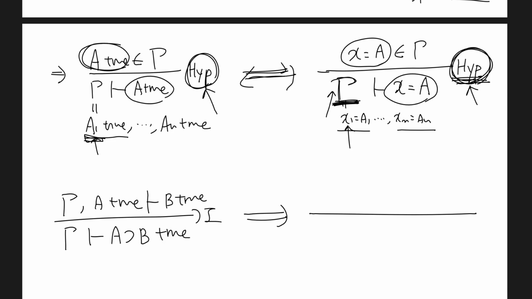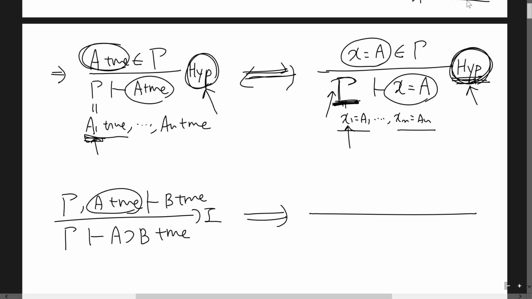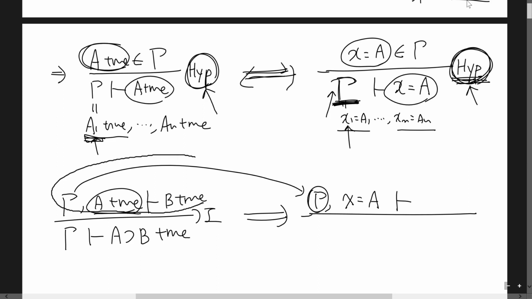The idea is every hypothesis will be assigned a variable to represent its proof. So gamma is translated to gamma. It's a bit confusing, but we decided to reuse the same meta variable gamma for this typing context. And for this A true, we introduce a variable X of type A. And suppose that the whole proof, the whole derivation tree, which deduces B true, can be represented with a proof term M of type B.